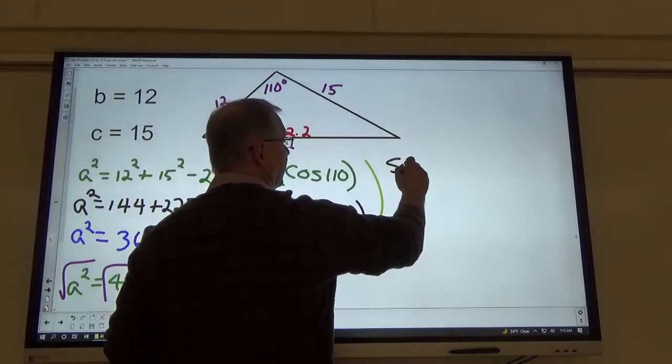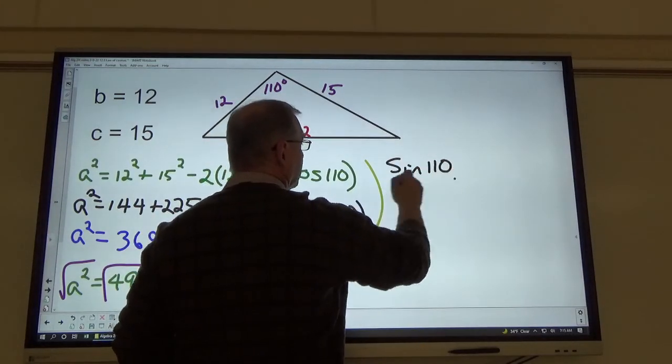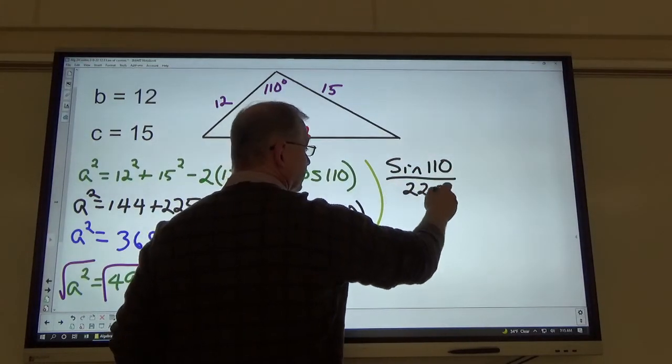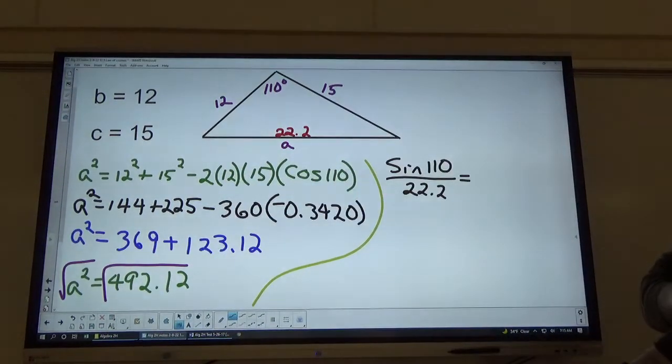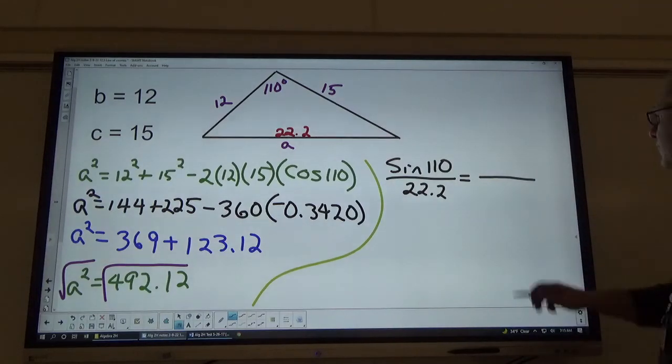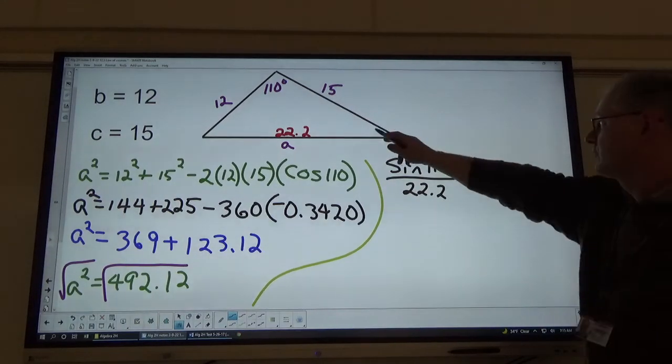So sine of 110 over 22.2 equals sine of, over, let's do 12 and the angle across from that here.